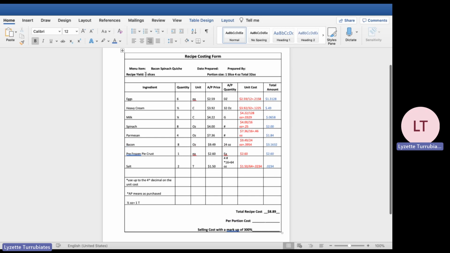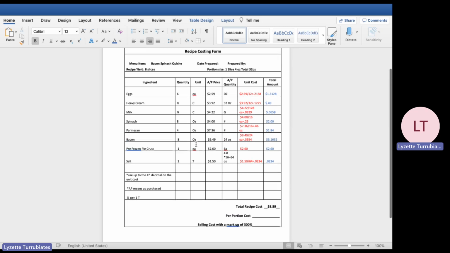Okay, and then we're going to have to divide that by the amount of portions. So we know that this quiche is going to equal out to 8 slices. So now we're going to take our dollar amount for the total recipe cost, and we're going to divide it by 8 portions. So each portion is going to cost us $1.11.